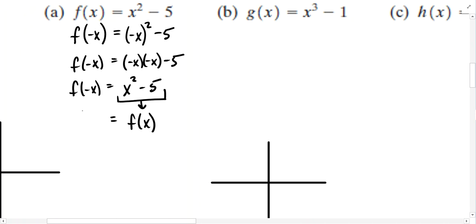And so the work that we were showing was indicating what happens when we evaluated at negative x. So if we evaluated this function at negative x, and it ended up simplifying and equaling the original function again, what does that describe? Well, that describes even symmetry.